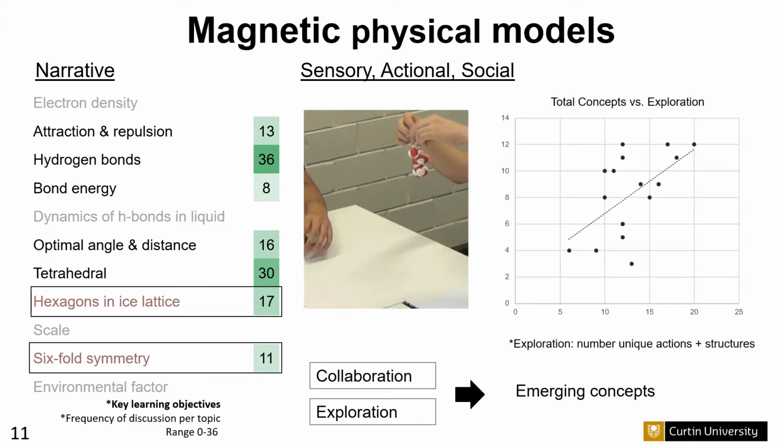And this chart also shows that the increase of unique actions in the x-axis results in more topics discussed by the students. So there's a positive correlation there between actions and topics.